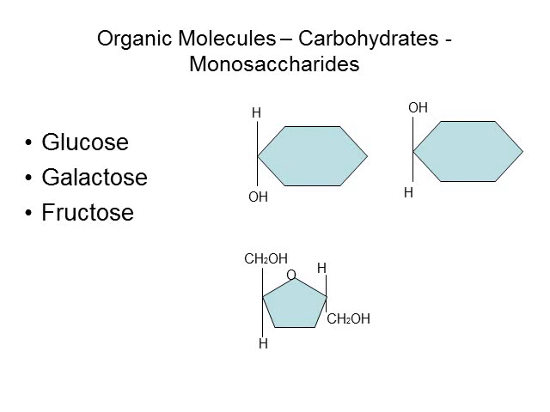So all three of these molecules have the same chemical formula, which is C6H12O6. All monosaccharides will have the same ratio of carbon to hydrogen to oxygen, and that ratio is always going to be 1 to 2 to 1.